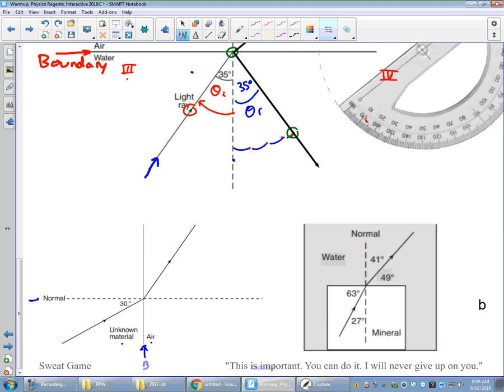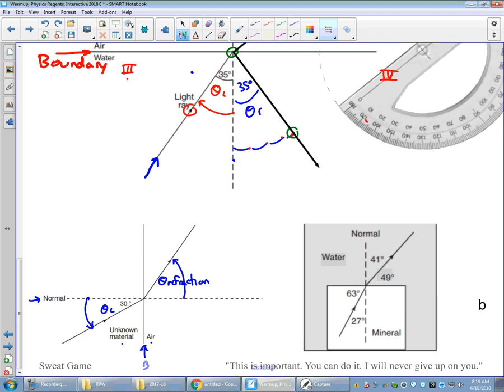This is the normal line. This, away from the normal, is your angle of incidence. And this, away from the normal, is your angle of refraction. So beware. They're checking to see if you're actually checking to see.